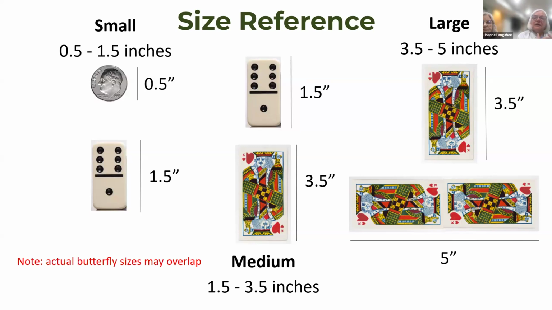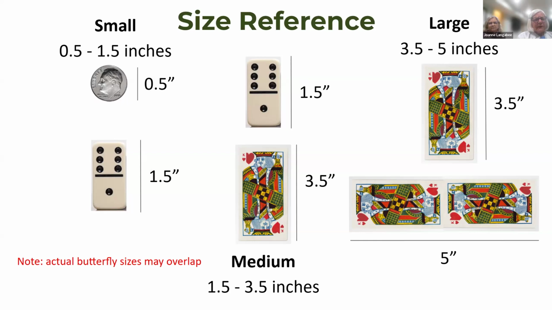Medium is 1.5 inches to 3.5 inches, a domino to a card. And then large is 3.5 to 5 inches, so you've got one card and then you've got them back to back. So this is kind of a reference to give you an idea of the size that we're looking at.